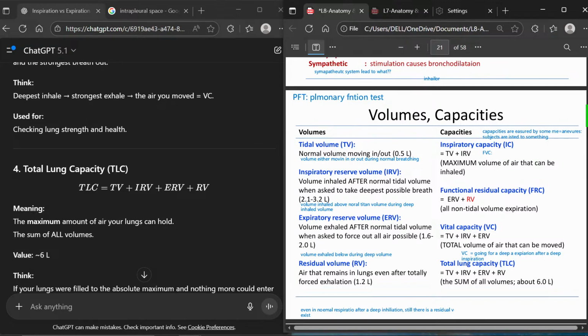That is tidal only, so RV plus TV. Then I completely breathe in. That is IRV now. So that is the total, right? RV plus TV, ERV, IRV.